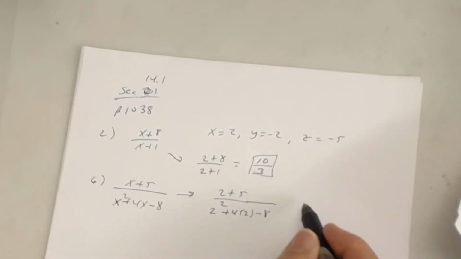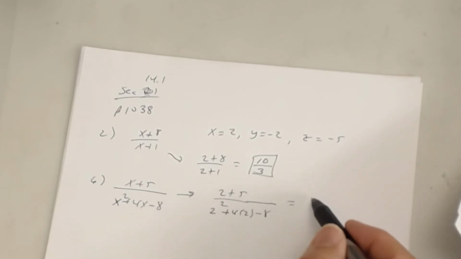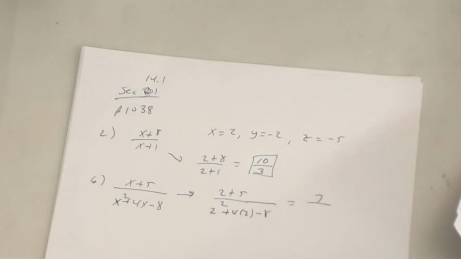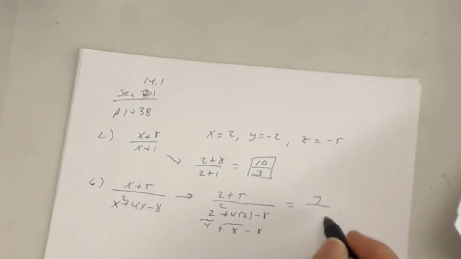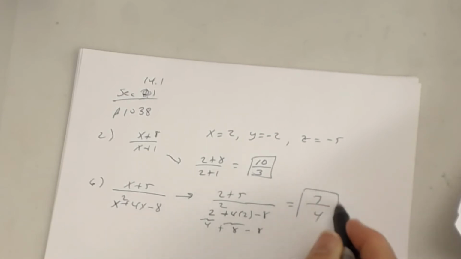Sorry, I wrote it wrong. That's all right. So that's 3 divided by, in the denominator, order of operations, so you're going to square first. So that's 4, right? This is negative 8. So 4 minus 8 is negative 4, and negative 4 minus 8 is negative 12.